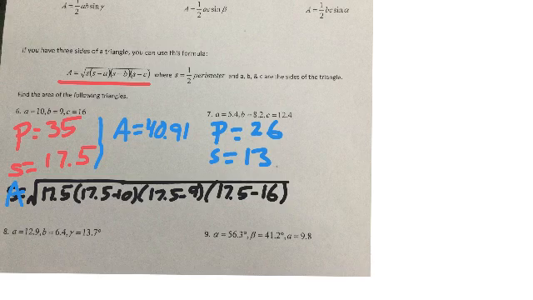That's going to be the square root of 13 times (13 minus 5.4) times (13 minus 8.2) times (13 minus 12.4), and I found that the area is equal to 16.87 square units.